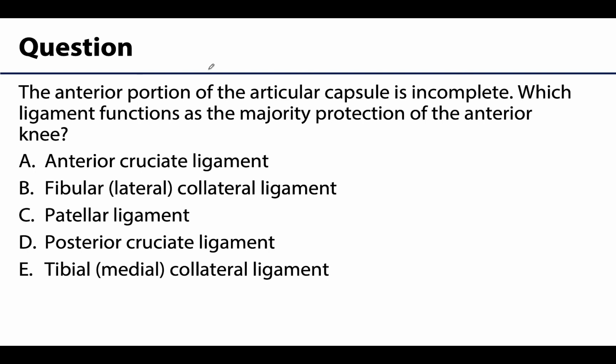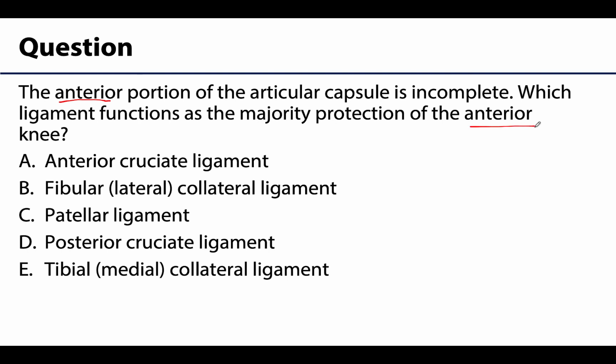So let's think about the stem here. This first sentence is just a statement. This is true. The anterior portion of the articular capsule is incomplete. That's just a statement, but it is telling you that we need to be focusing on this anterior portion. So which ligament is going to play the role of that articular capsule on the anterior knee?